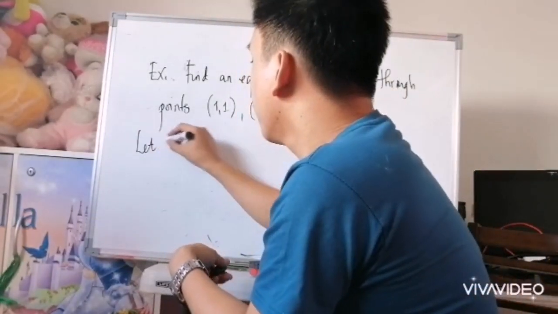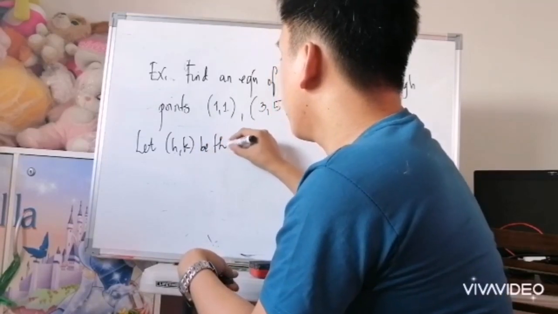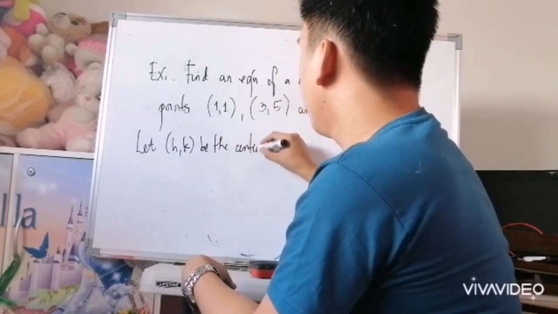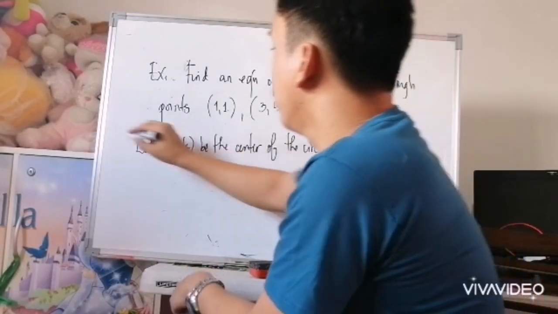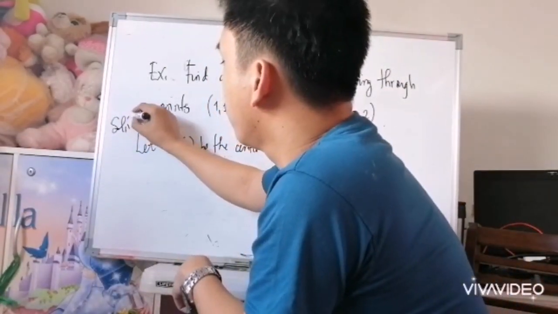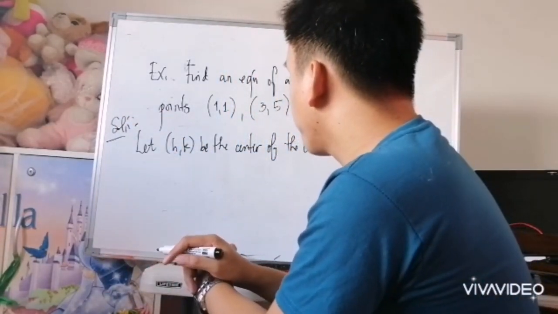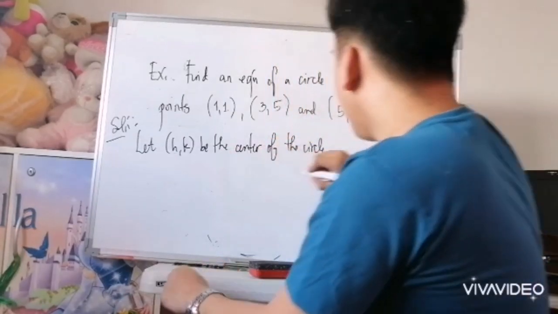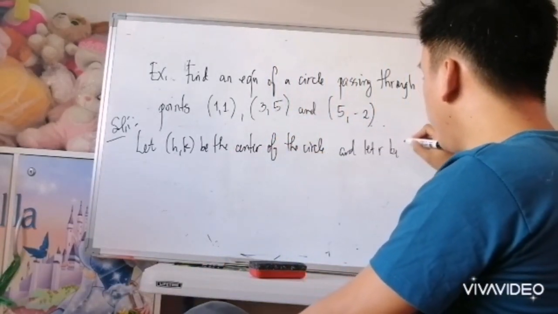So let (h, k) be the center of the circle, and let r be the radius.